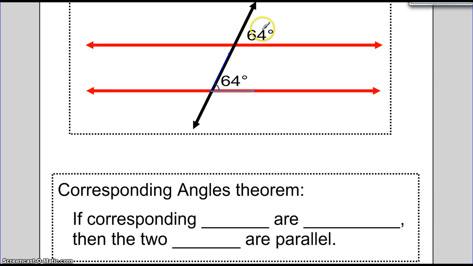Here, 64 is corresponding to 64. Now, if I know these red lines are parallel, because these two angles are equal, I have a theorem that says if corresponding angles are congruent, then the two lines are parallel.